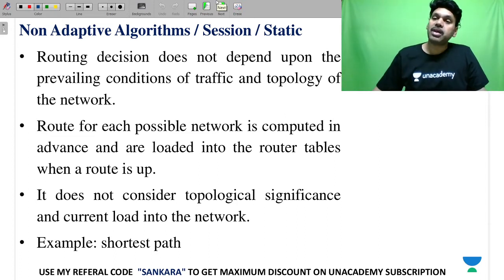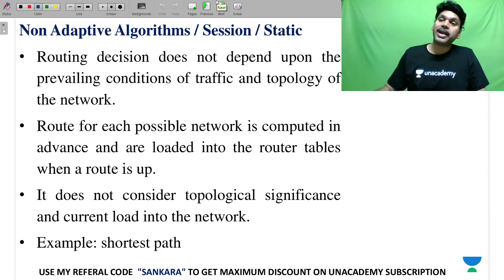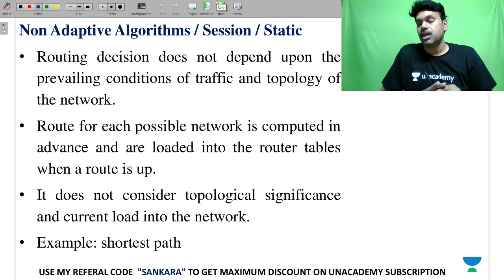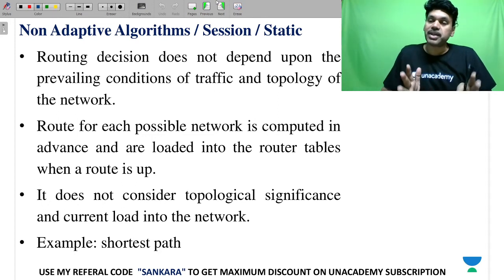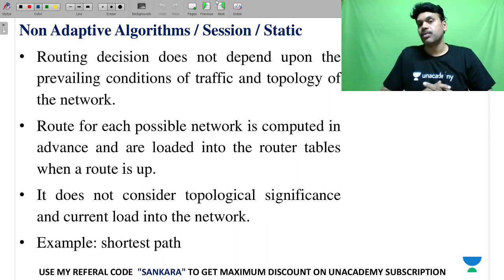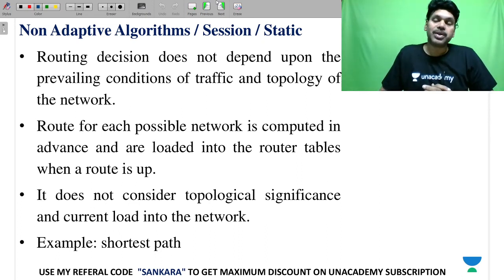So your routing algorithms are of two varieties. One is non-adaptive. The other one is adaptive. Non-adaptive does not depend on the current load, the current traffic and current changes. For example, you are using Google Maps to go from one source to one destination.